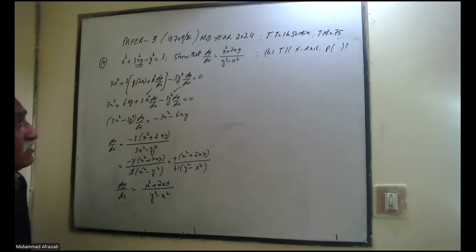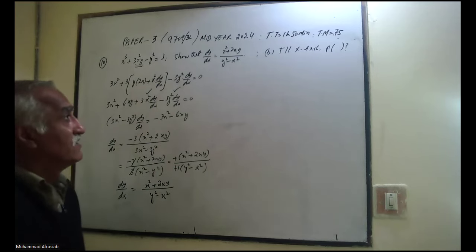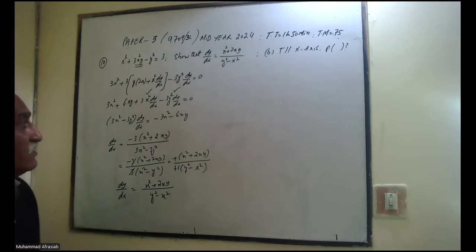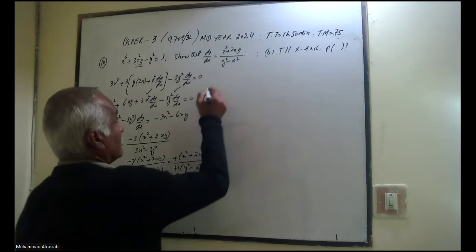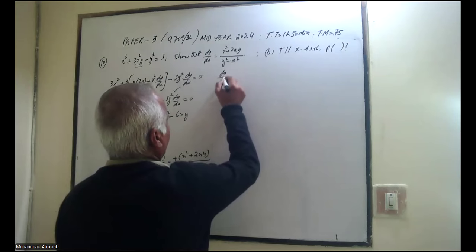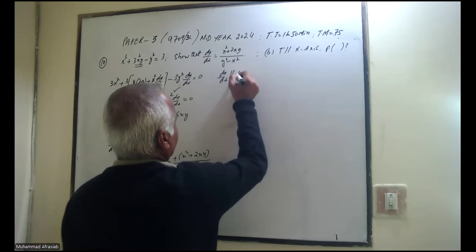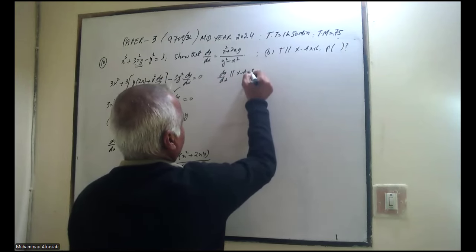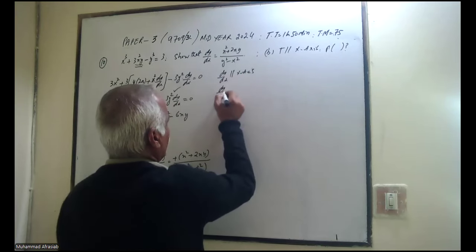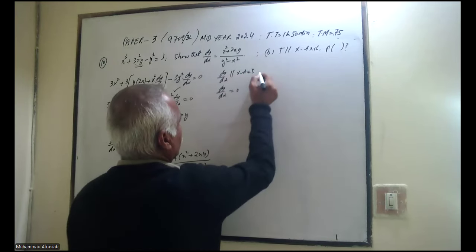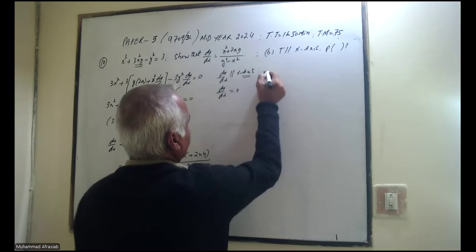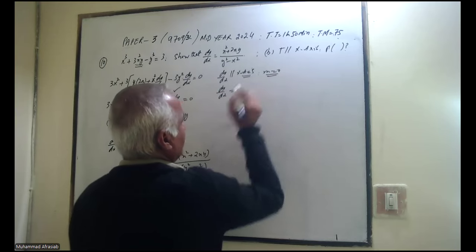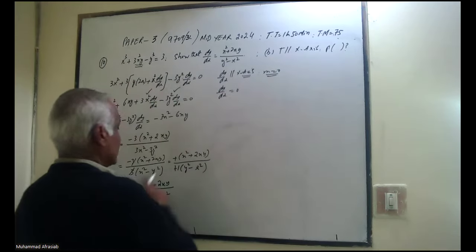Then B part, the tangent is parallel to the x-axis, find the coordinates. Since we know that dy by dx, when it is parallel to x-axis, then we put dy by dx is equal to 0, because the slope of this x-axis is equal to 0 there. So you put this thing is equal to 0.